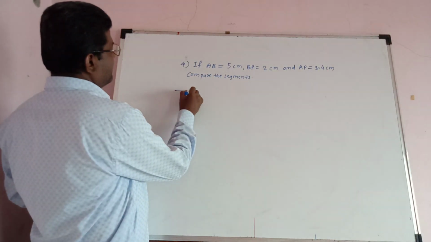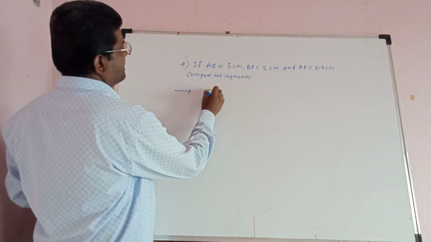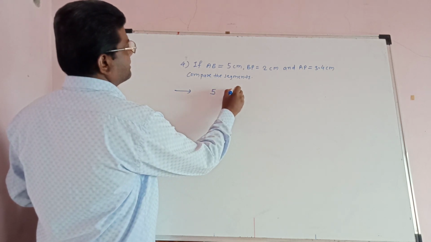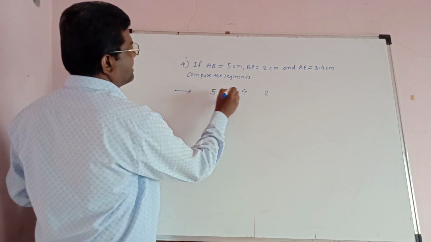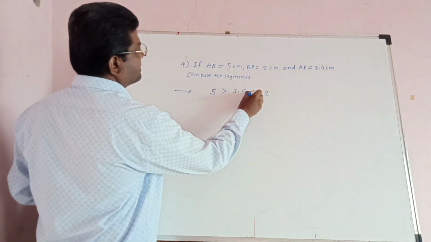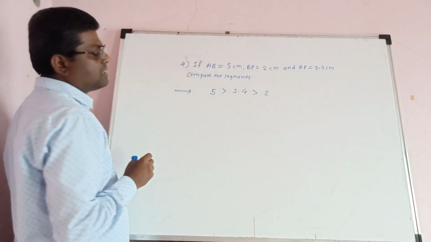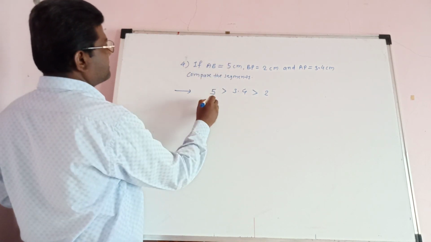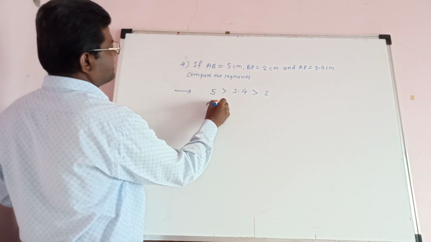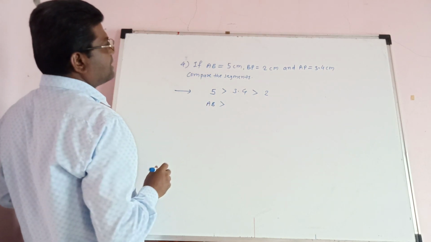Now compare here the numbers 5, 3.4 and 2. 5 is greater than 3.4. 3.4 is greater than 2. So 5 centimeter is AB, distance AB.